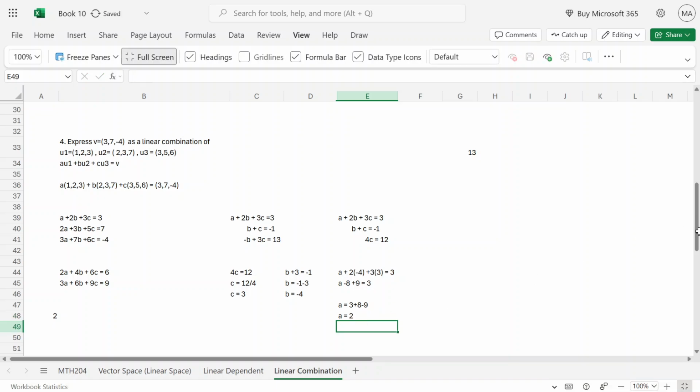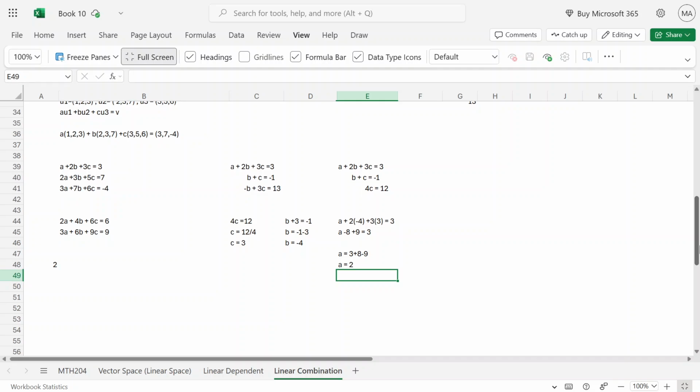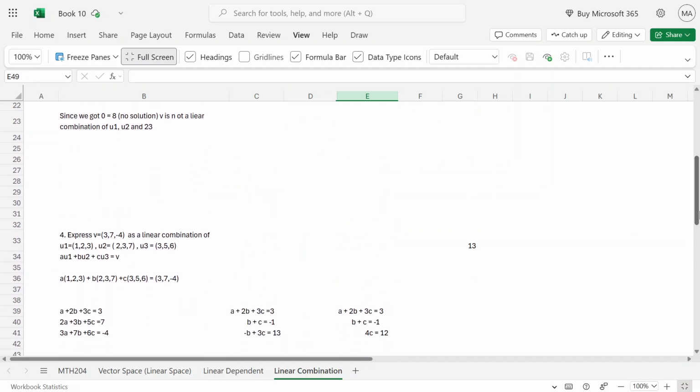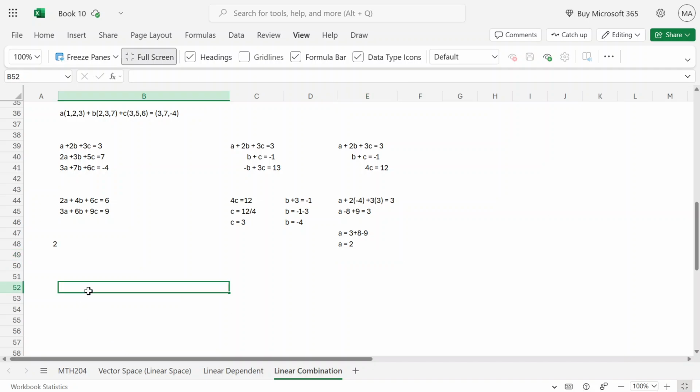a equals 2. So we have all our a, b, c, right? So to verify, you don't need to, since we have a equals something, b equals something, c equals something, and they're not equal to 0, we can now say v equals, remember a equals 2, just put this, then put the value instead of a, b, c.